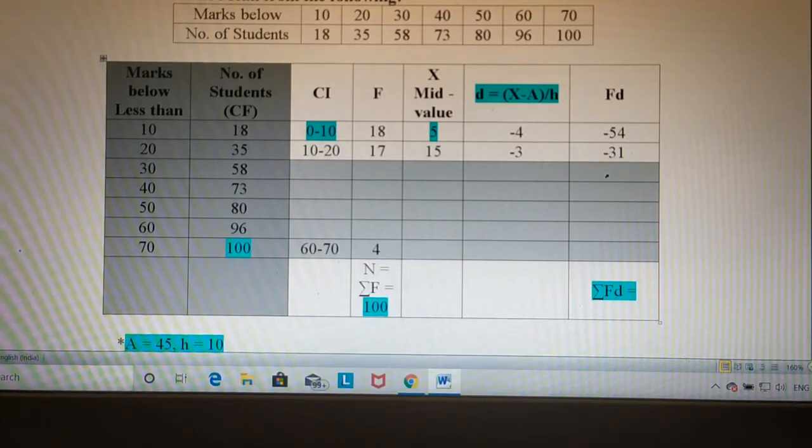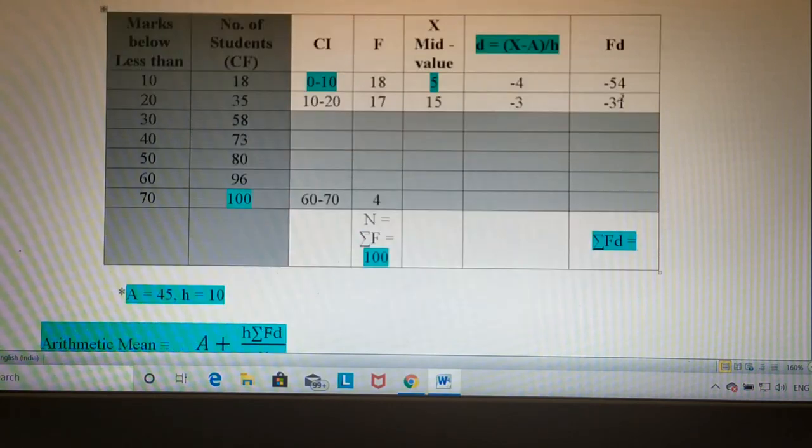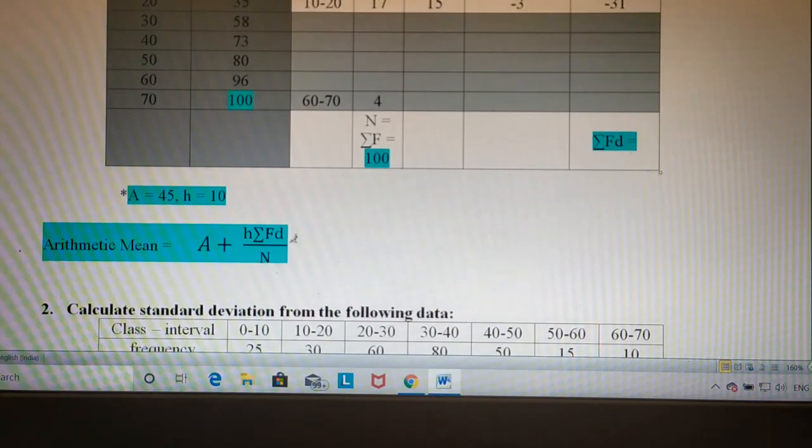Similarly, plus 54, plus 50, plus 100 will be added: it will be 204. 204 should be reduced by 31 and 54. It means 204 minus 31 minus 54 will be your final value. So you should be very careful in getting this fd value because of the negative and positive signs. I hope you are clear with this answer.